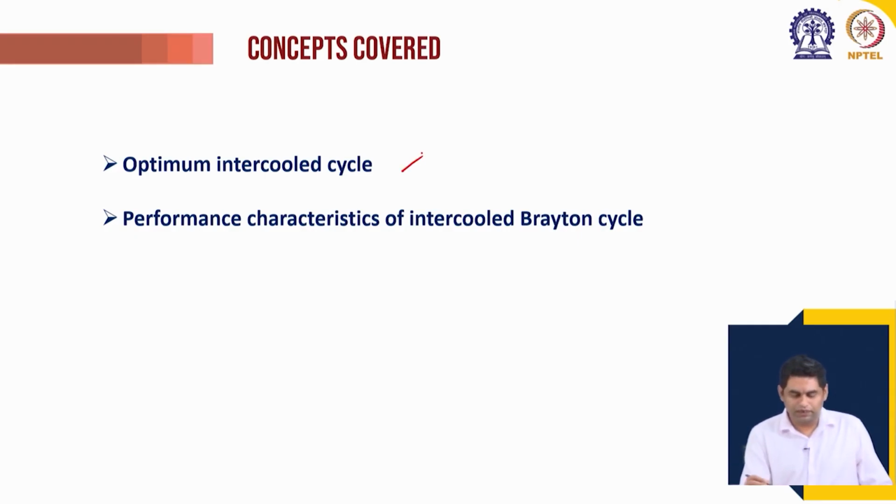And the second point is comparison of performance characteristics: the variation of efficiency and non-dimensional net specific work output for the intercooled cycle with the corresponding variations for the previous cycle that we have studied. We will see how it compares with the previous cases.